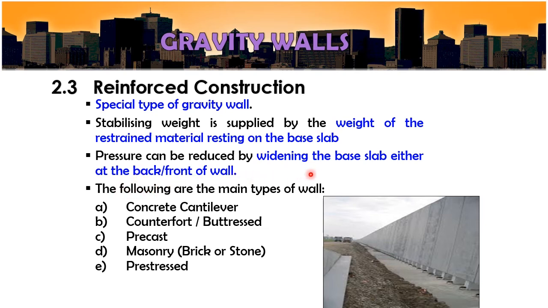Pressure can be reduced by widening the base slab either at the back or front of the wall. The following are the main types of wall. We have the concrete cantilever, counterfort or buttress, precast masonry, and pre-stressed retaining wall.